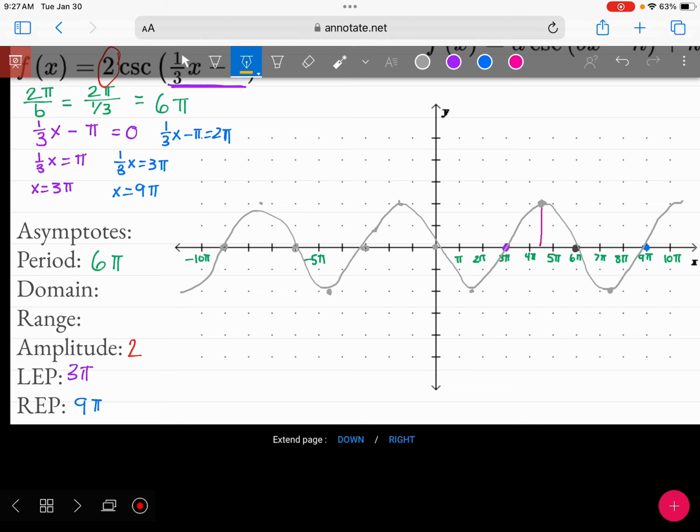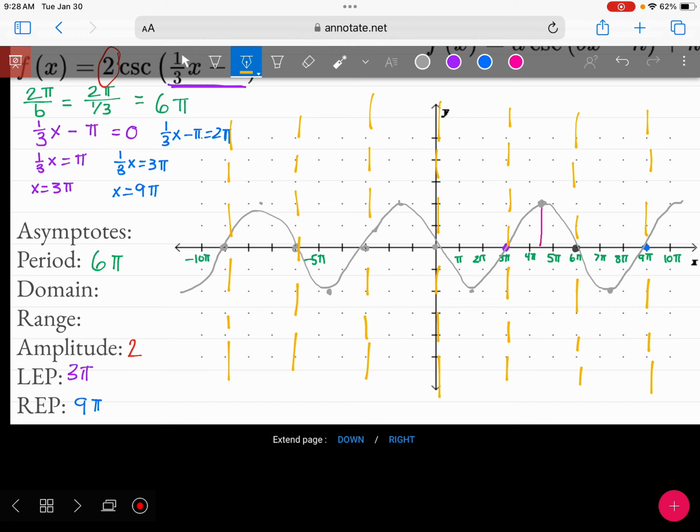So any place sine is 0 is where we have an asymptote. So lots and lots of asymptotes.